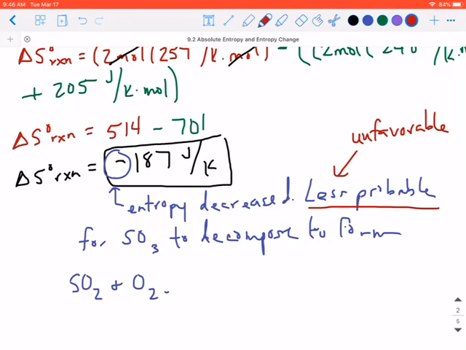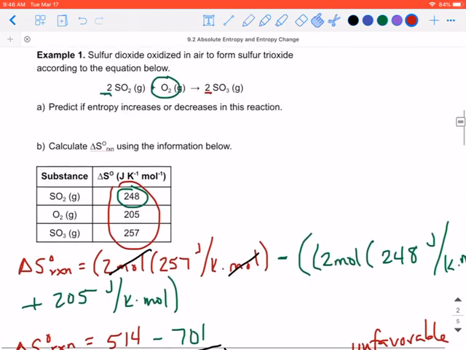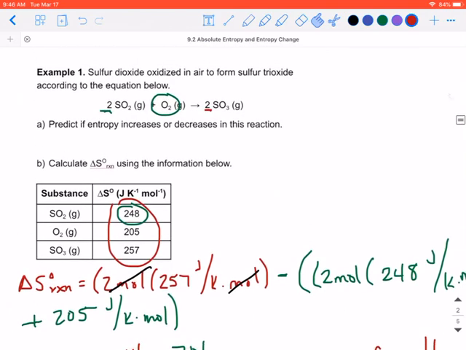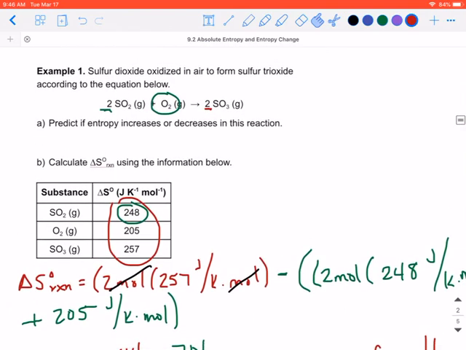So if we go back up to where you made a prediction, let me erase this part real quick so I can make more notes on here. When we're trying to predict whether entropy increases or decreases, we focus on which substances are in the gas state, because gases have the higher disorder, which means they have the highest entropy.